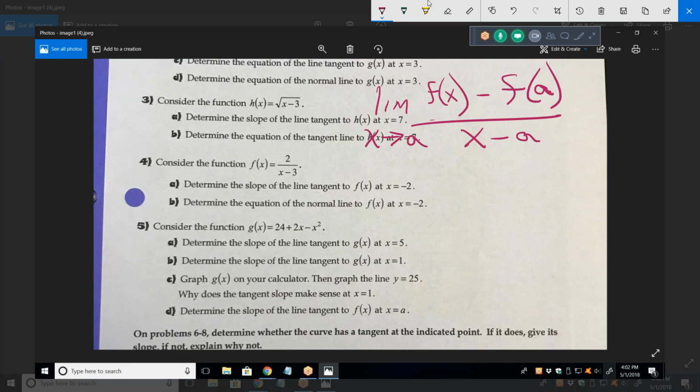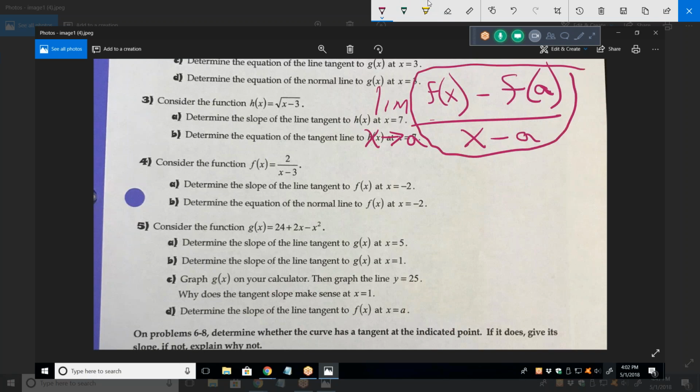It's just that by using the more robust method, I came up with the derivative function, and now if I want to know what the derivative function is when x is equal to anything, I just plug it in. So they're saying, what is it when x is equal to a? Well, instead of 2 minus 2x, it becomes 2 minus 2a. And I would get the same thing if I did it this way.